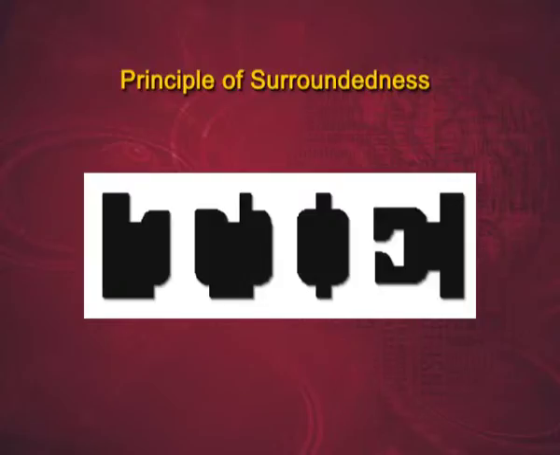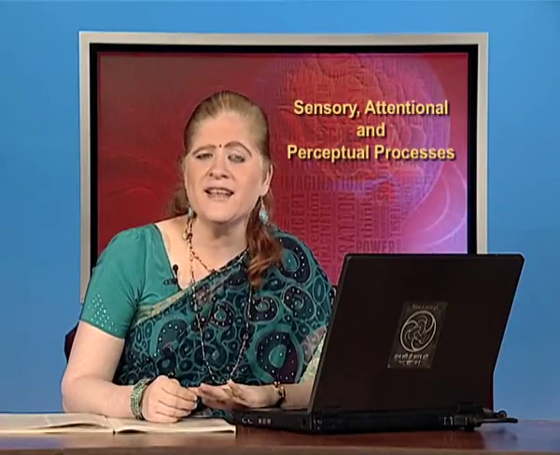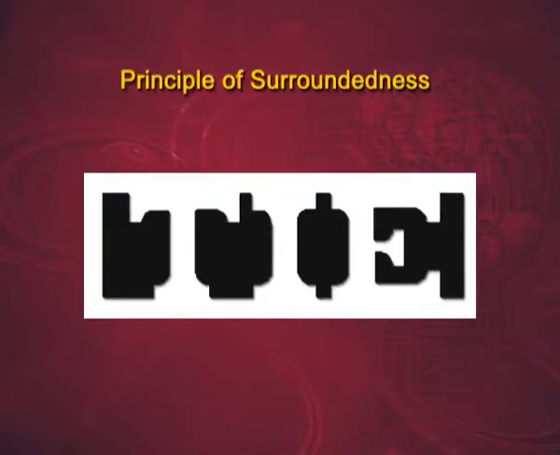Now, if you look at this figure closely, you will be able to detect T, I and E written in white, and black is separating those alphabets. However, because white is surrounded even outside these alphabets, we tend to see the black ones as figures.